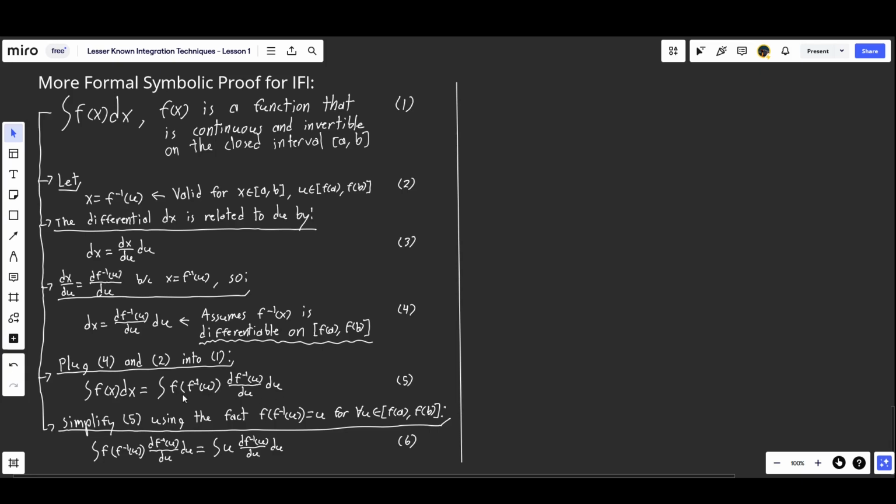And at this point, we can notice that f of the inverse of f of u equals u, as one of the properties of inverse functions. So the indefinite integral will become the integral of u times the derivative of the inverse of f of u with respect to u du.